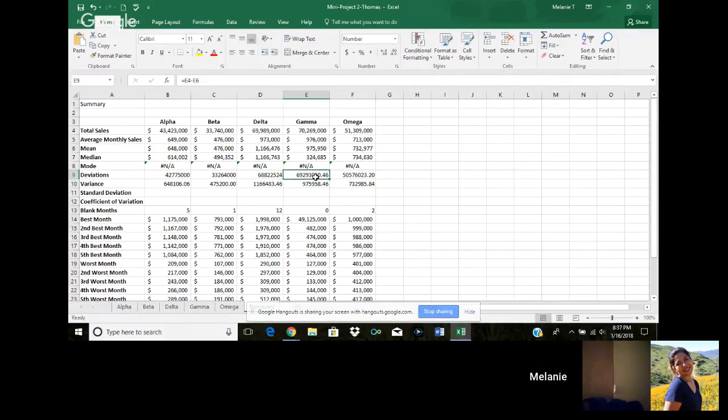Let's see, variance is deviation squared divided by count, or sum divided by count.